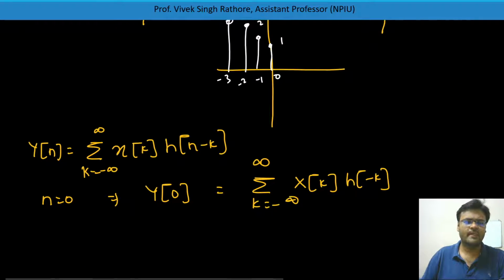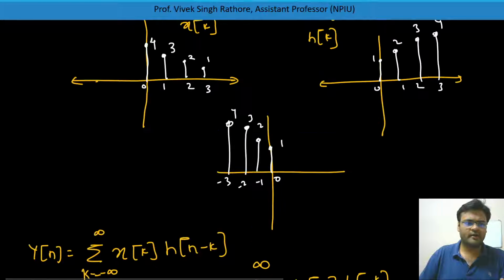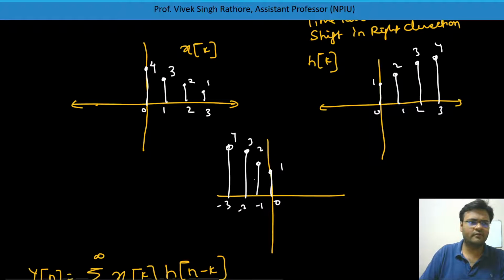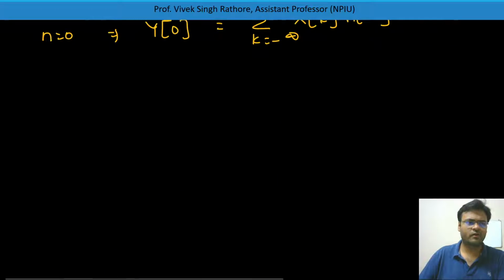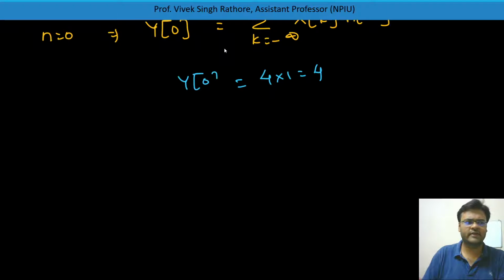We just need to multiply x of k into h of minus k for each value of k. Anything into 0 is 0. Only this value and this value will be multiplied. So 4 into 1 is equal to 4. So y of 0 will be exactly equal to 4. Simple, nothing is complex here.